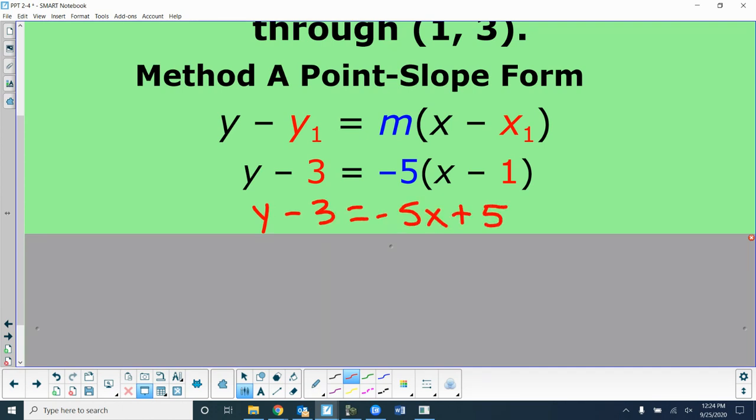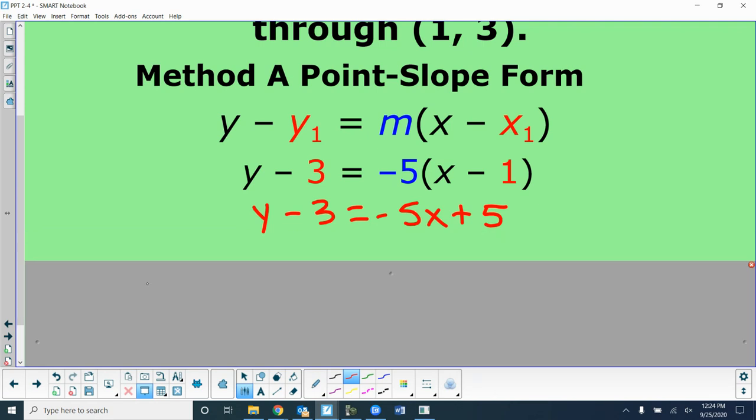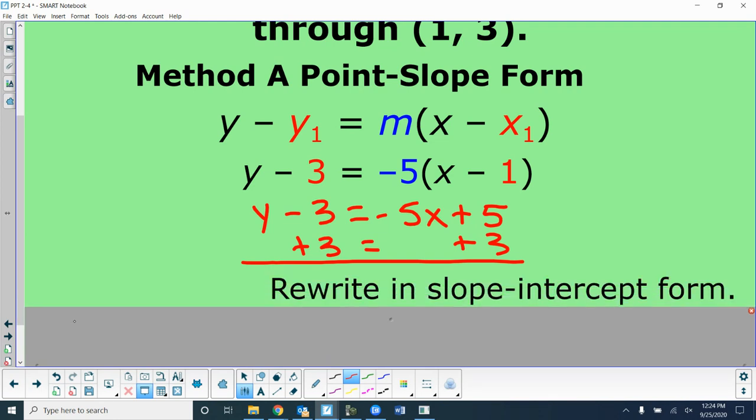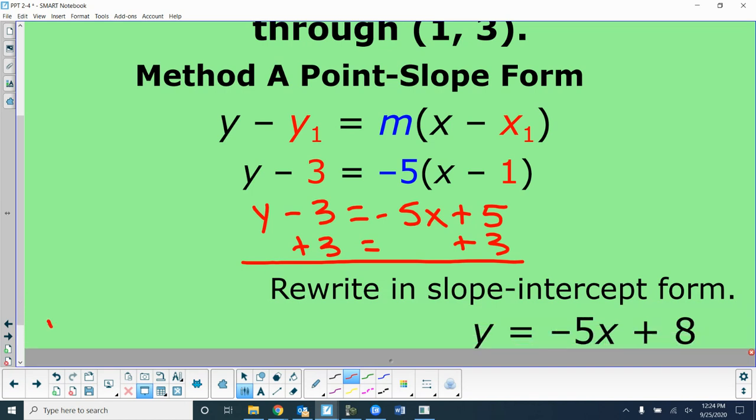Then what? To finish up, add the 3. So what's my B value? What's my B value? 8. Thank you. Okay? That's using point slope.